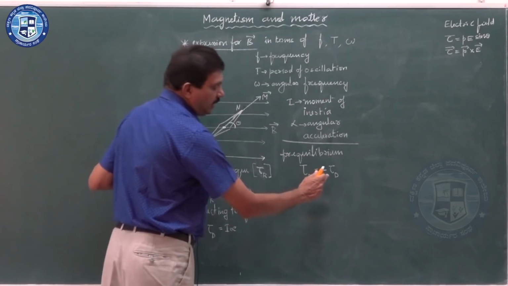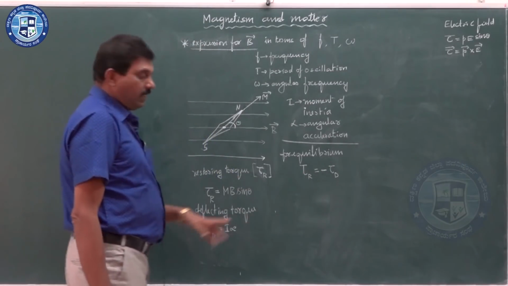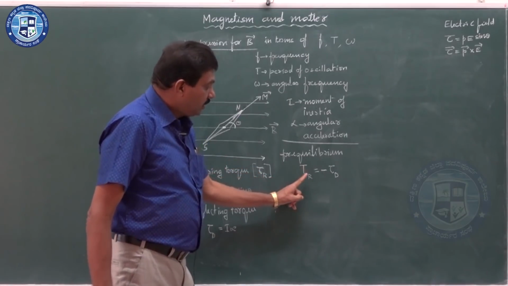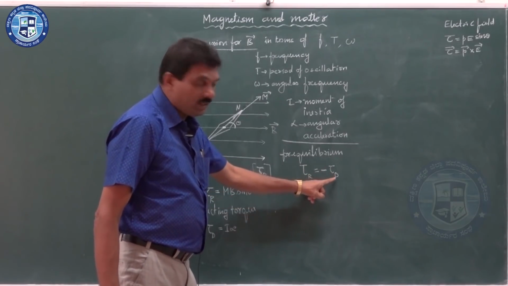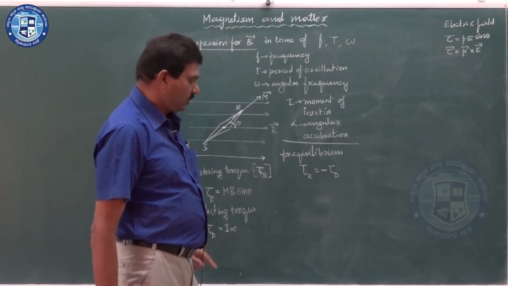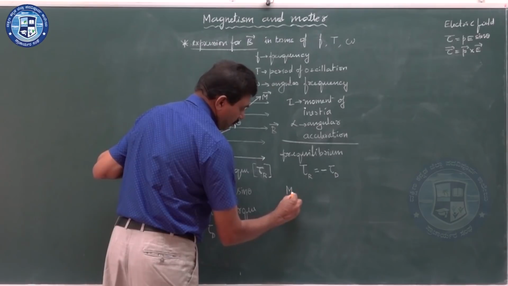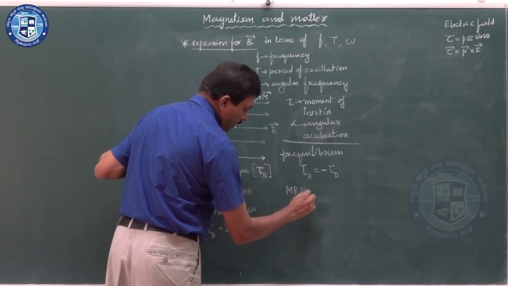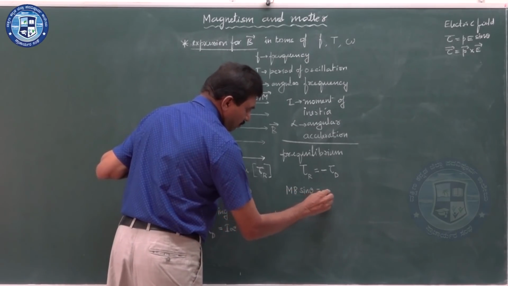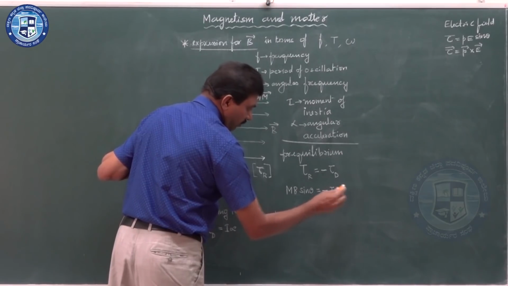What does this negative sign indicate? Negative sign indicates that the restoring torque and deflecting torque are in opposite direction. So, what you can write, therefore, M B sin theta is equal to minus I alpha.